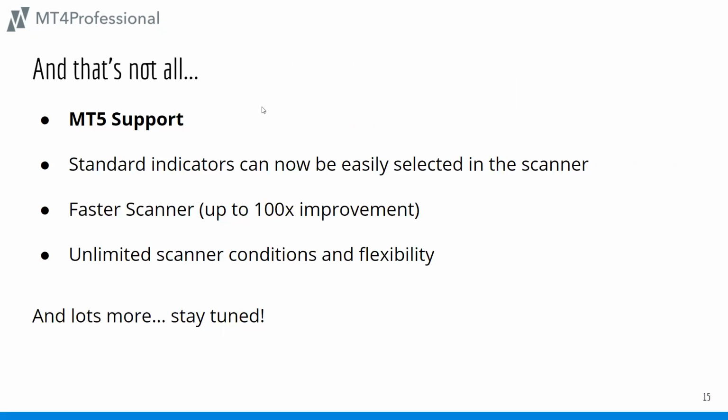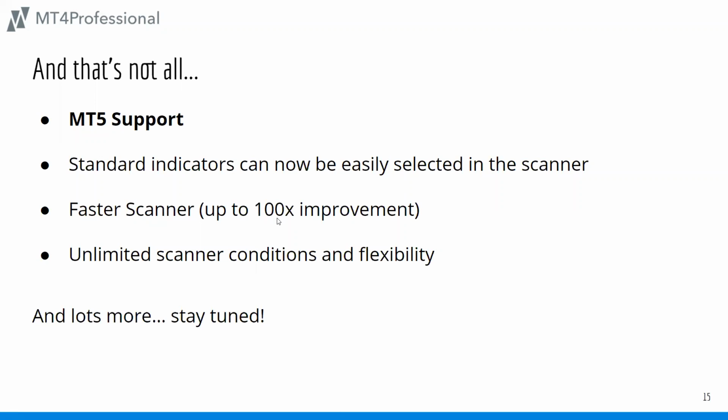And not only are those plus features, but we've also added MT5 support for all of you who are just chomping at the bit to try the new features with MT5. As I said, all the standard indicators can now be easily selected in the scanner without having to worry about using your data window. The scanner is almost 100 times faster, and I'll show you that.